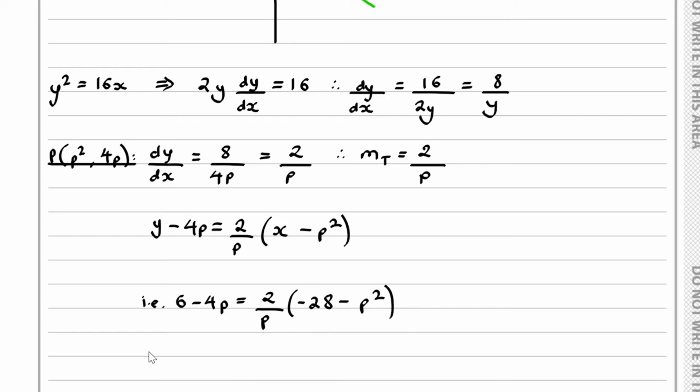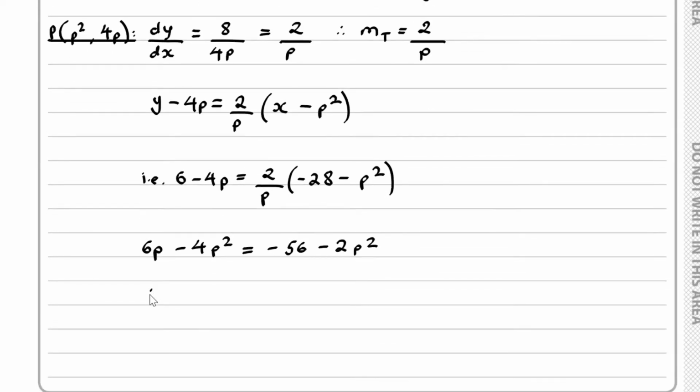Okay, so continuing to work this out, we have 6p minus 4p squared equals minus 56 minus 2p squared. So in other words, we have 2p squared minus 6p minus 56 equals 0.